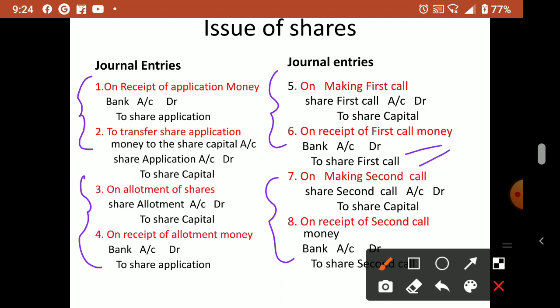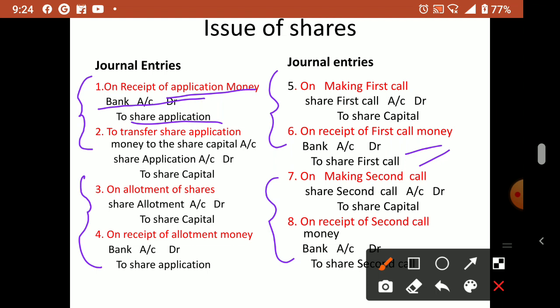Now here, first, what is happening? On that basis we have to write the journal entry. We write the journal entry based on the transaction which is happening. First we receive the application money from the shareholders. Money is coming into the company, so bank is debited: Bank account debtor to share application.